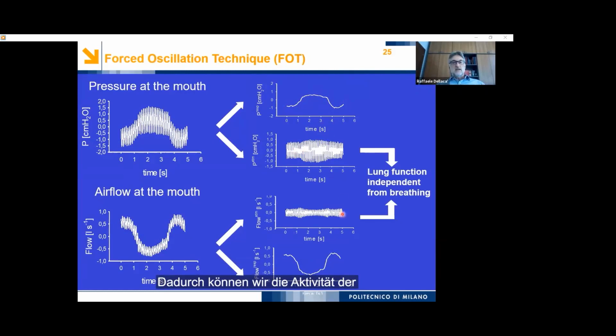Thanks to this, we can exclude the activity of the muscles. So we can delete the spontaneous activity from our data and estimate lung function parameters which are independent from breathing activities.